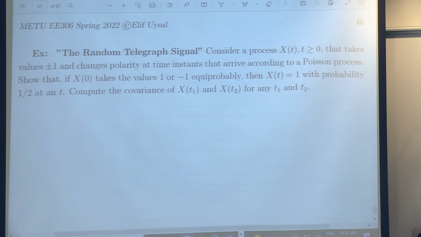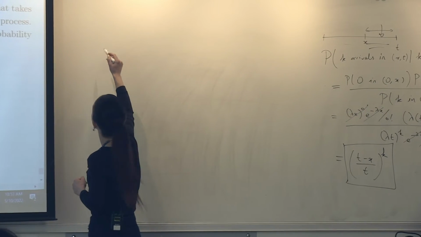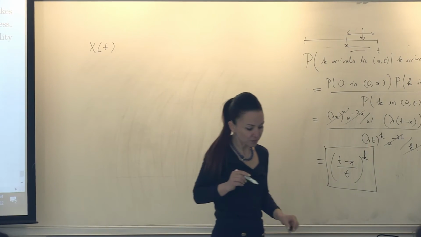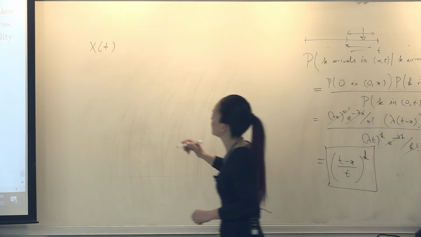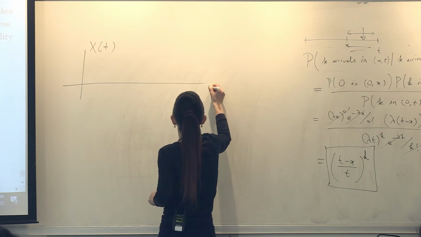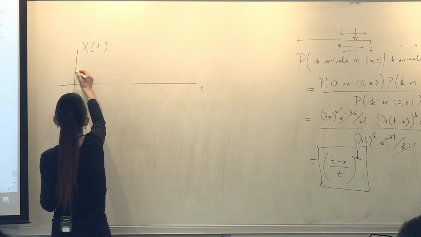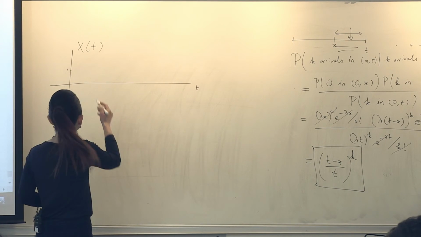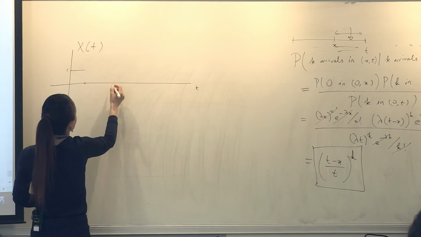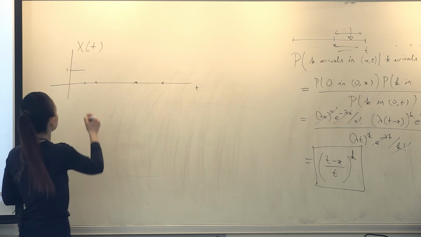All right. So, let's show what values x of t takes. Maybe I want to just draw a sample path. At time 0, this process starts possibly at 1, possibly at -1. Suppose it's at 1. And it's going to change polarity at these instants that occur according to Poisson arrivals.